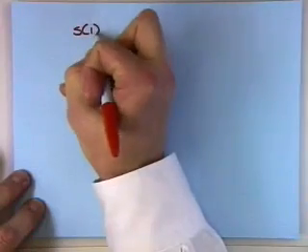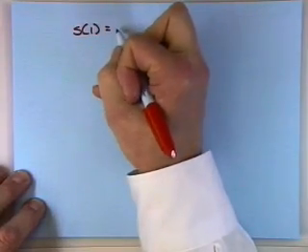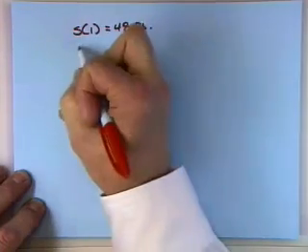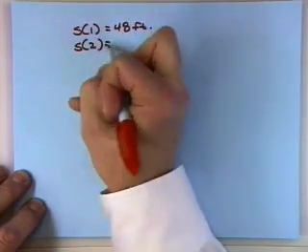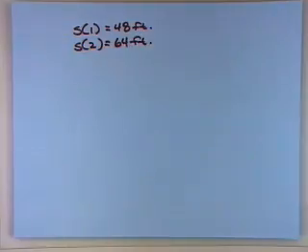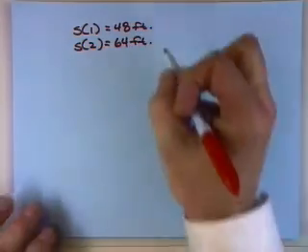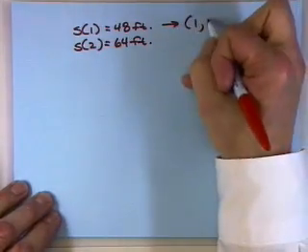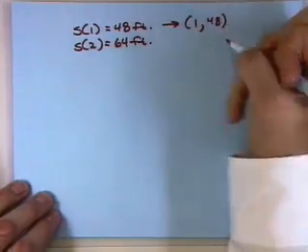So let's take the s of 1, which is 48 feet, and the s of 2, which is 64 feet. Now, this is really a point. When we plug 1 into the function, it kicks out 48.